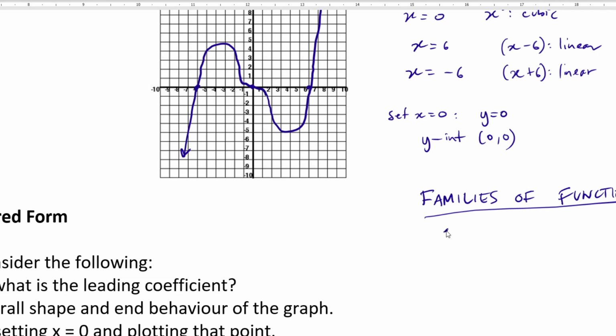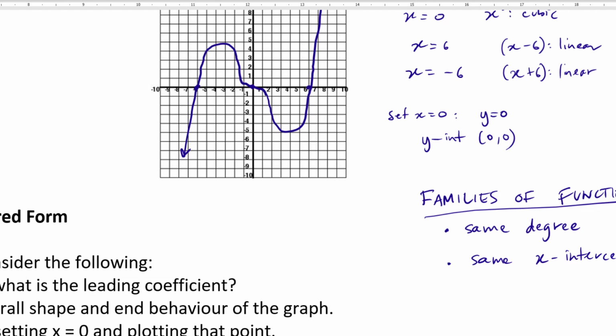Families of functions have the same degree, same overall degree. So for example, they could be cubics or quartics or quintics. So they have the same degree and they also have the same x-intercepts.